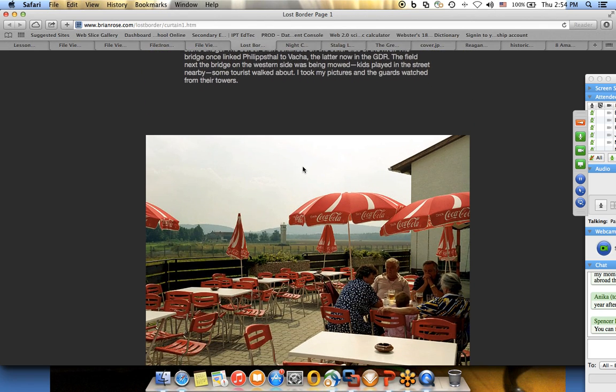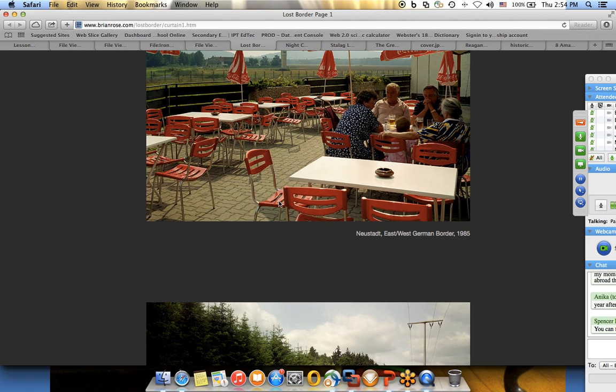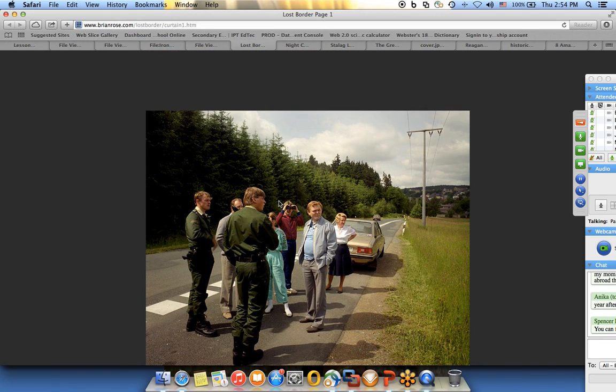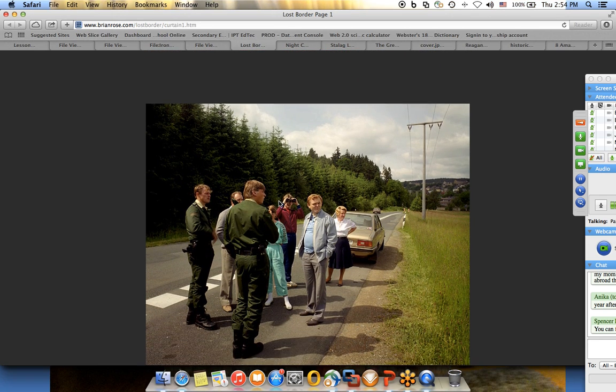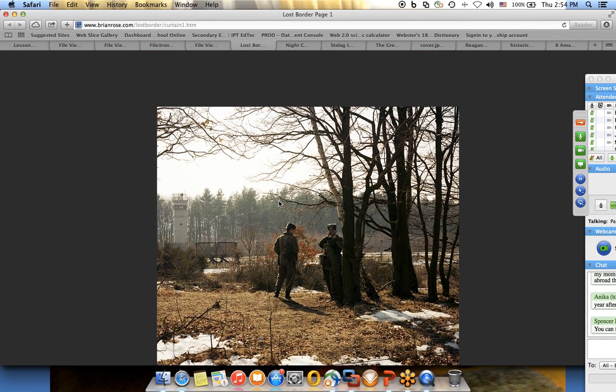Okay, so you see all the fences and the checkpoints. Of course, these pictures are taken from the west side, from the free side of Berlin, looking in to the other side.